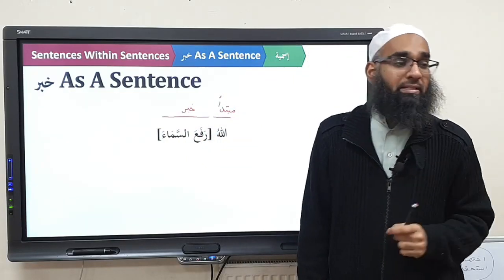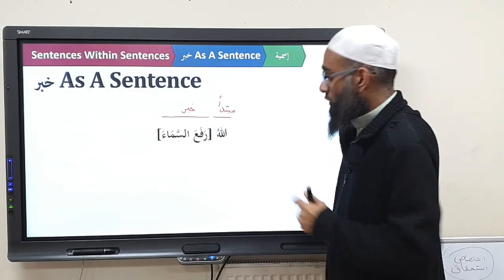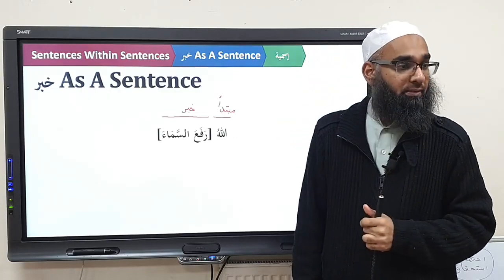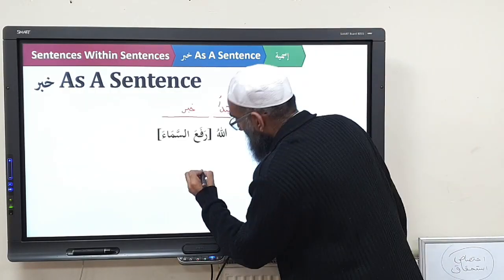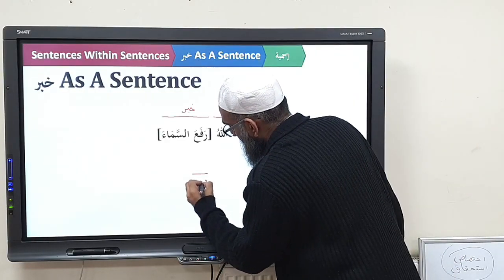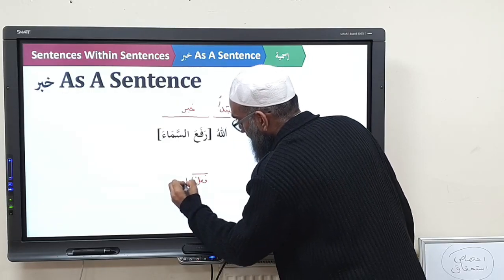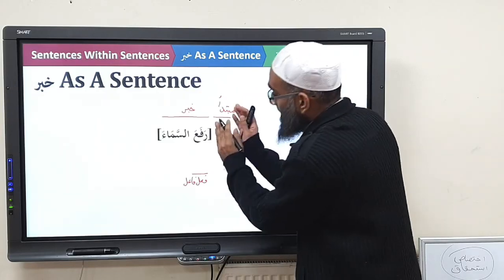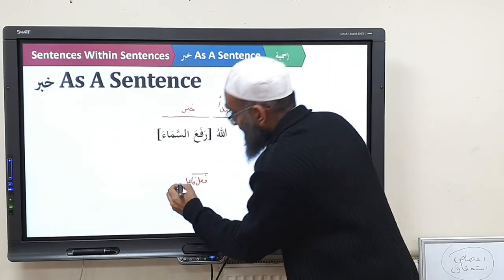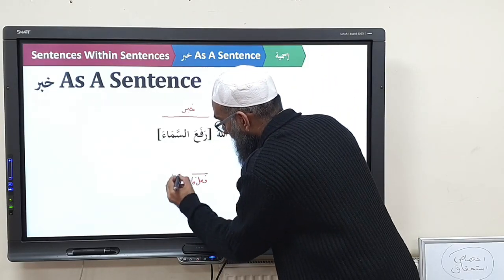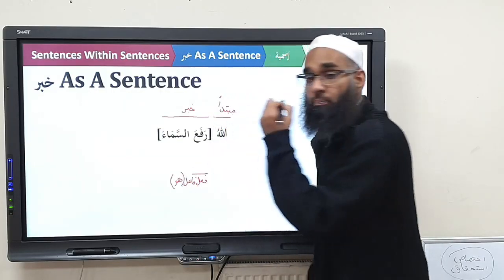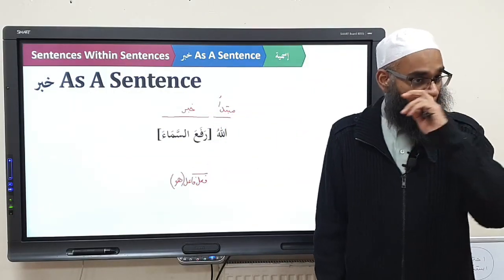Is the khabar one word as a sentence? Is the sentence jumla ismiya or jumla fa'liya? Jumla fa'liya. So what's this going to become? Fa'il. What's the fa'il? Could you see a marfu' after it? So it has to be mustatir. Remember, you cannot make the word before the fa'il the fa'il. That's the rule in Arabic.